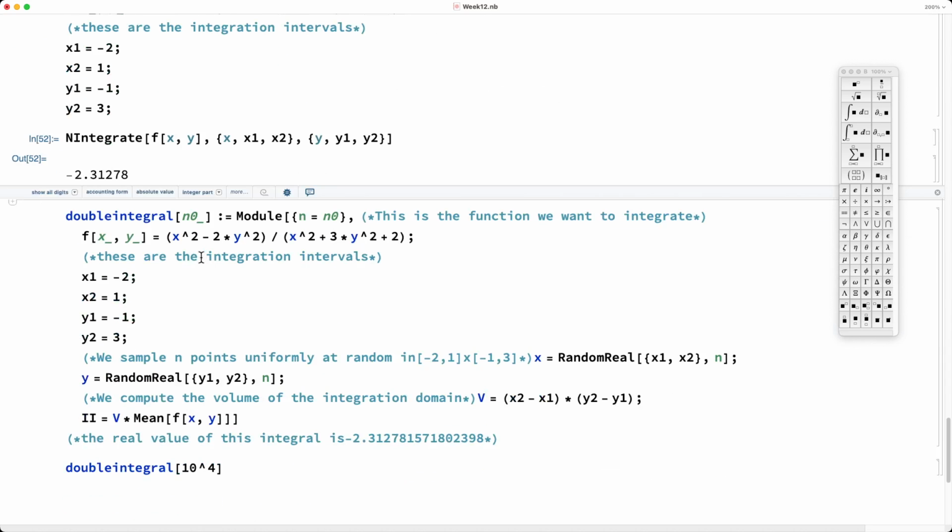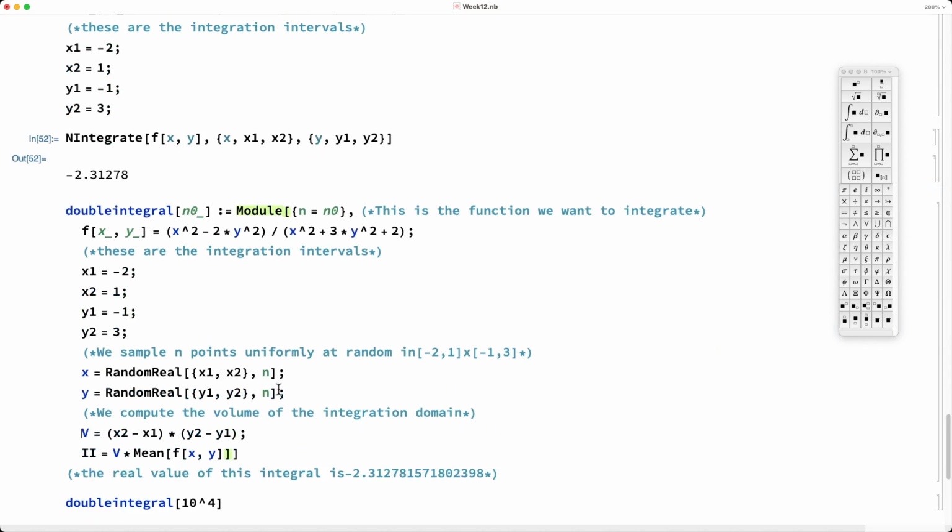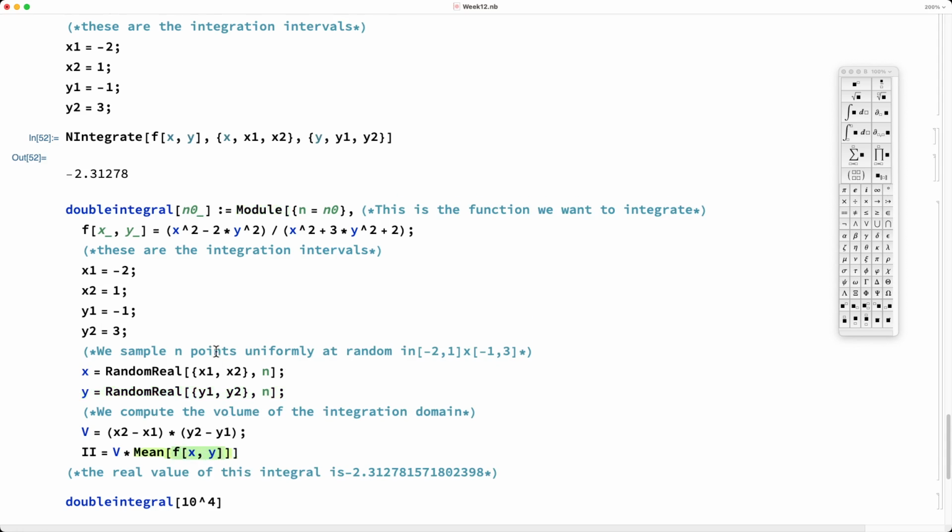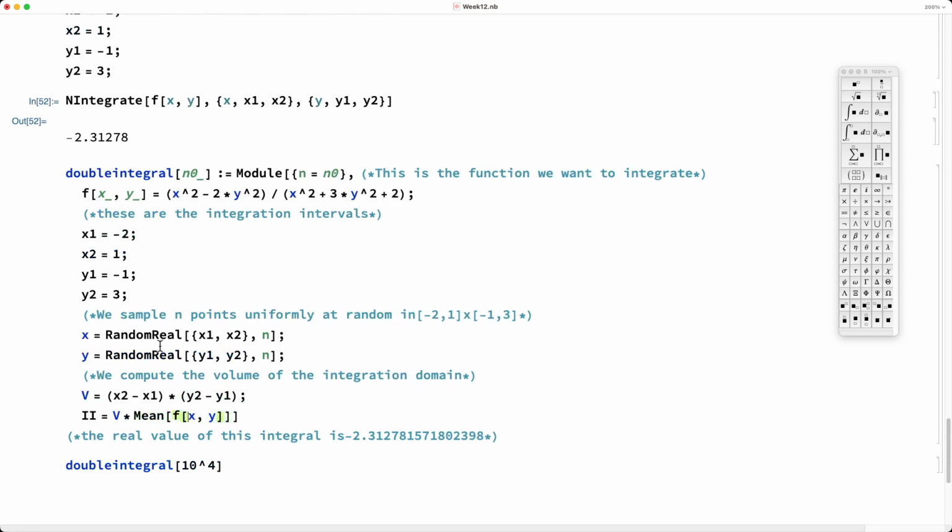Now the mean value method consists of drawing samples in the x direction and the y direction, simply evaluating the function f for those values of x and y, and then just calculating the mean and multiplying by the volume to normalize it.